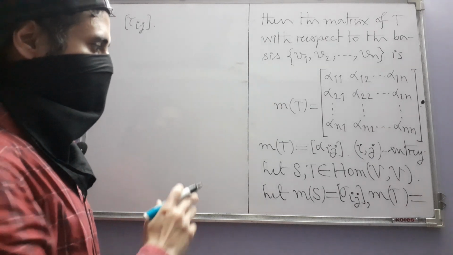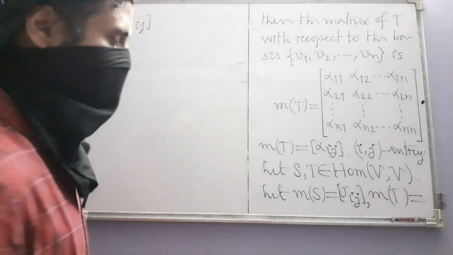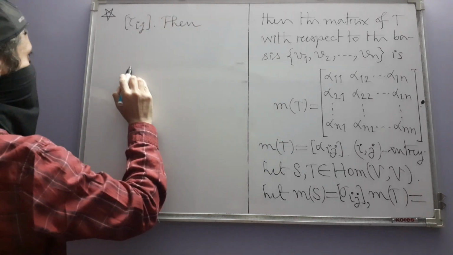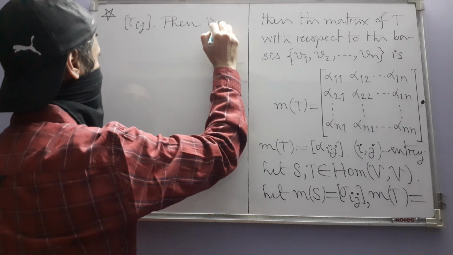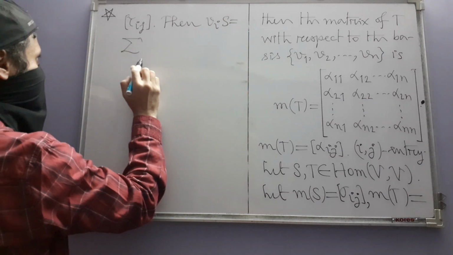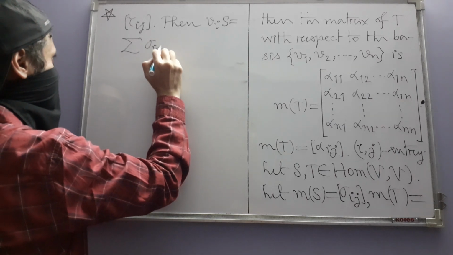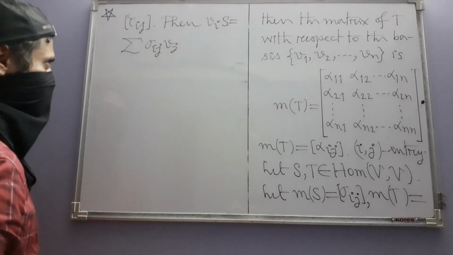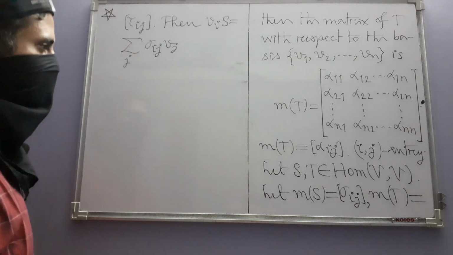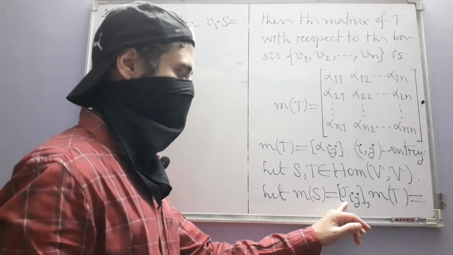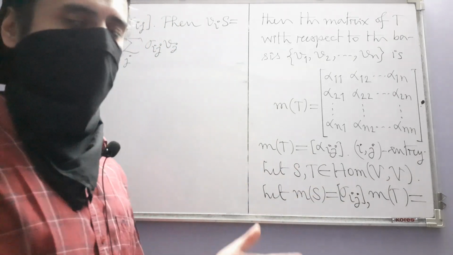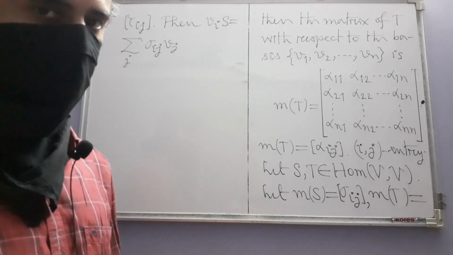Then, by the rule by which these matrices are formed, we should have this. Vi S should be equal to the summation of sigma ij Vj, where j is varying from 1 to n, because the suffixes, whatever suffixes we are going to consider, are going to vary from 1 to n, so there is no need to mention this again and again.